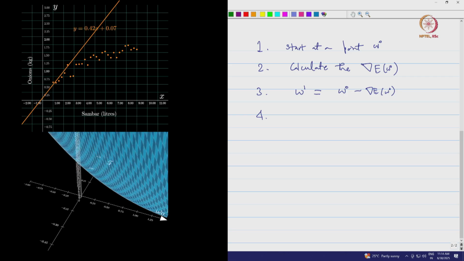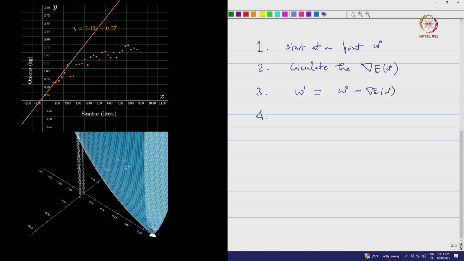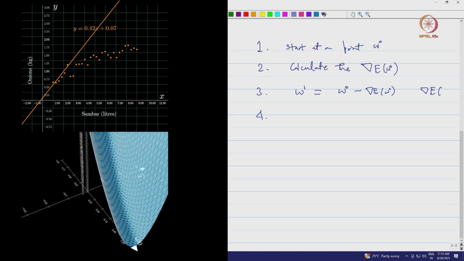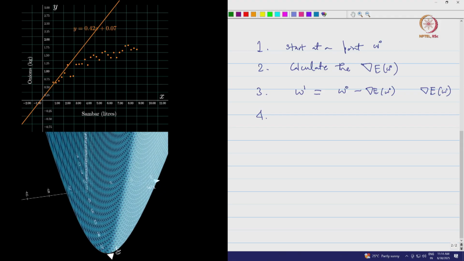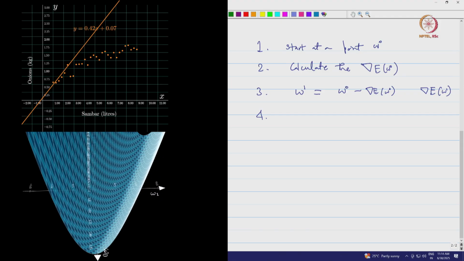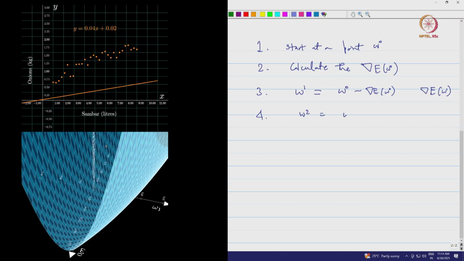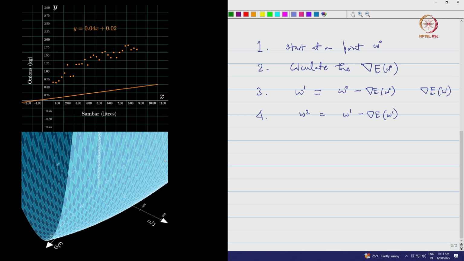In parallel, you are also looking at the gradient nabla E of omega 1. Then we do this iteratively. We keep taking steps, we keep moving. So omega 2 is going to be omega 1 minus nabla E of omega 1, and so on.